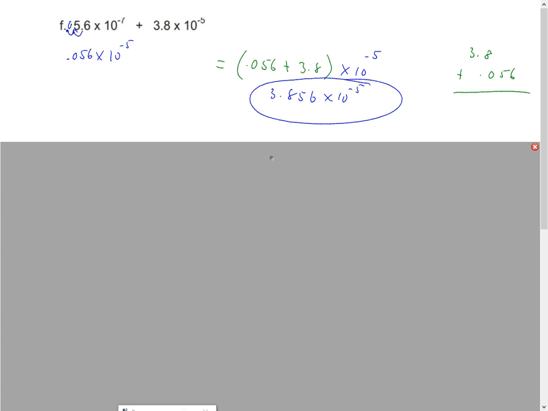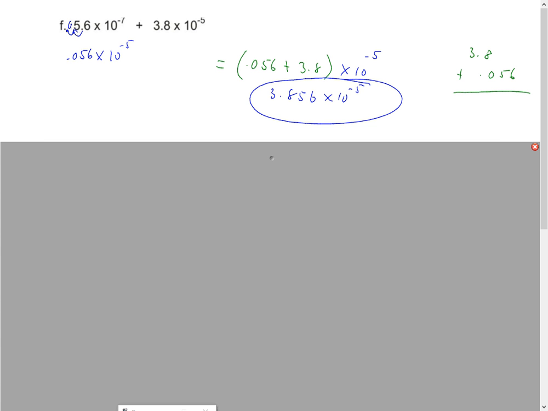Now, what if we got to this point and this front number wasn't a 1 through 9? Then we'd have to change it one more time, right? Sometimes that'll happen. What if this would have ended up 0.3? Is that good? No, can't have a 0 in the front. We would have moved it one place to the right. We would have made the number bigger. Therefore, we'd make the power of 10 smaller.